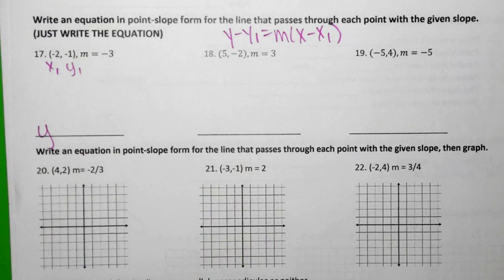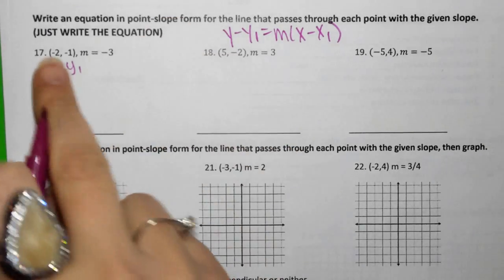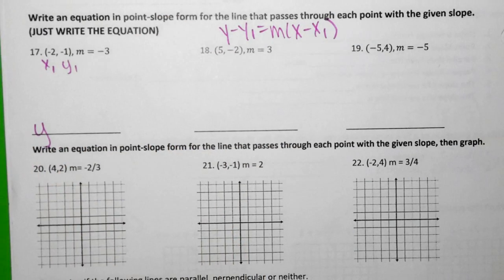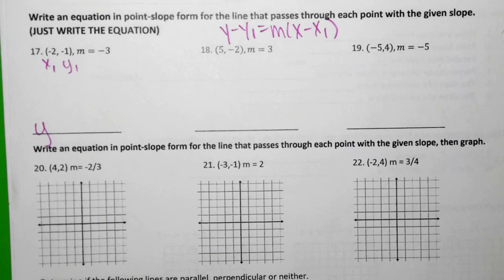What would come next? Tell me, Tyreek. Y minus 1. No, negative 1. Help your team. Let your team help you. Give him the point.